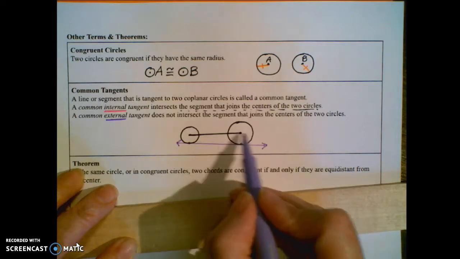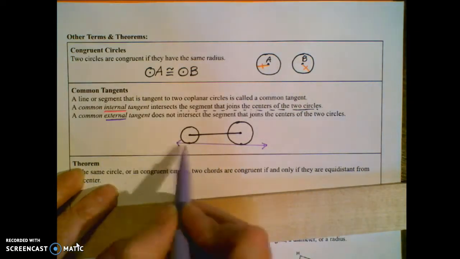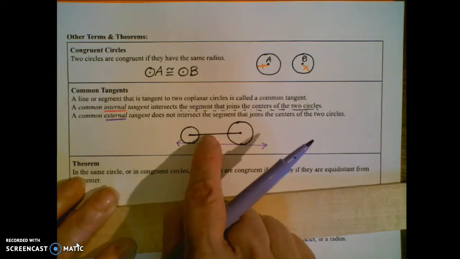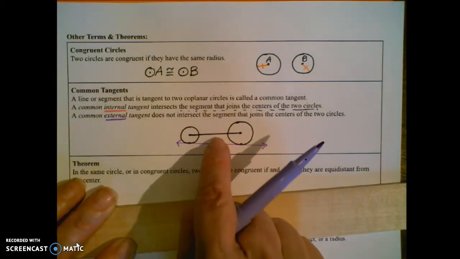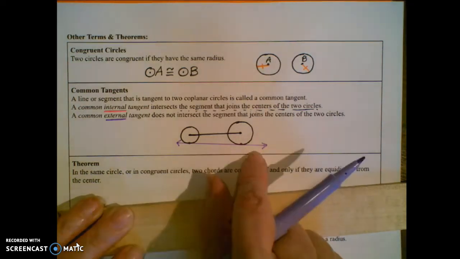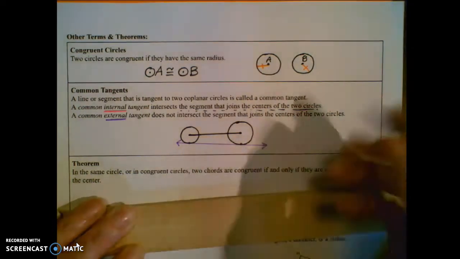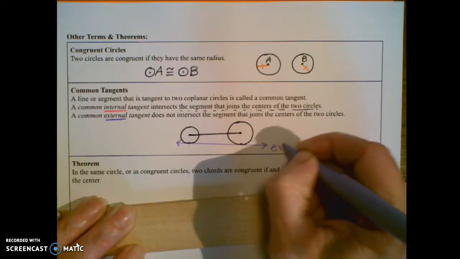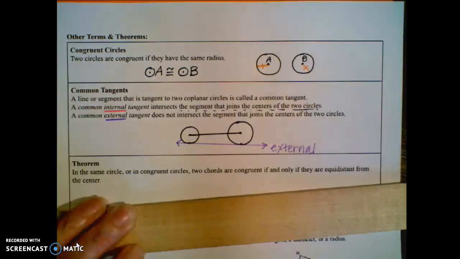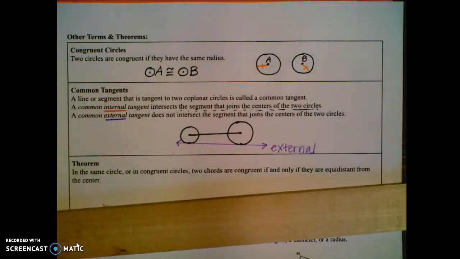Now you might say, well, what if I drew that segment longer, then it would intersect, but that's not what it says. It doesn't say that the two lines intersect. It's specifically mentioning the segment connecting the two centers, which is not intersected by this line. So for that reason, this one is what we would refer to as an external tangent. It does not intersect the segment connecting the two centers.